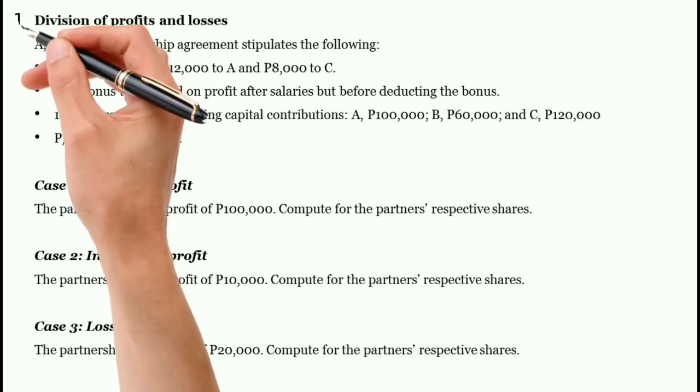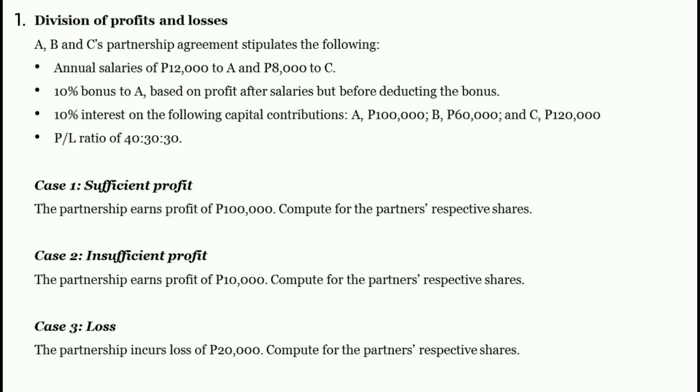Problem number 1, division of profits and losses. A, B, and C's partnership agreement stipulates the following.